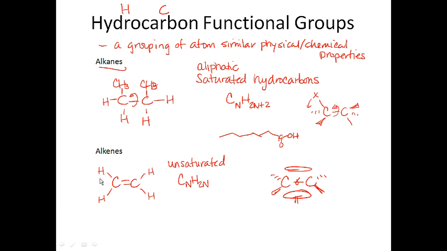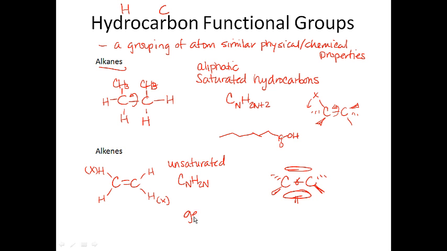So if I have group, let's say, X on this side and group X on this side, that would be the trans stereoisomer, but I can't move the X group from here down here unless I break that carbon-carbon double bond. So there is no, quote-unquote, free rotation around the carbon-carbon double bond.